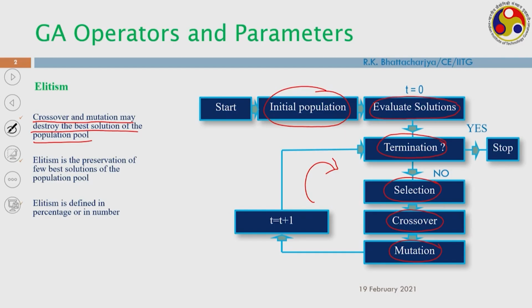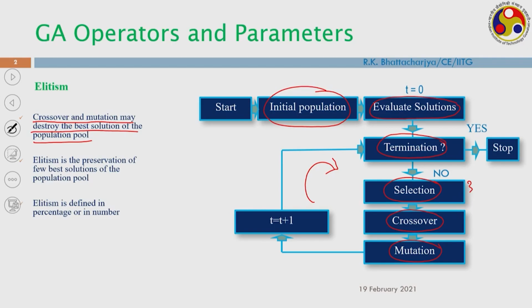Sometimes they may create an inferior solution, but you need not worry, because when this solution goes through the selection operator again, it will be eliminated. If any inferior solution is created by crossover and mutation, it will be eliminated by the selection operator in the next iteration.